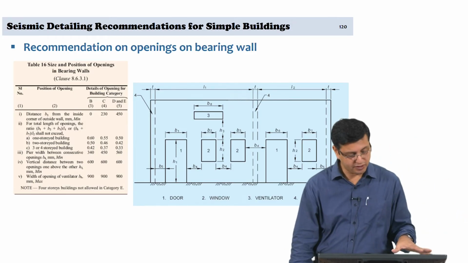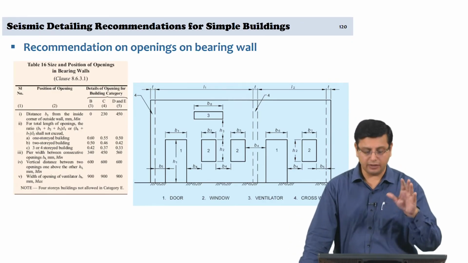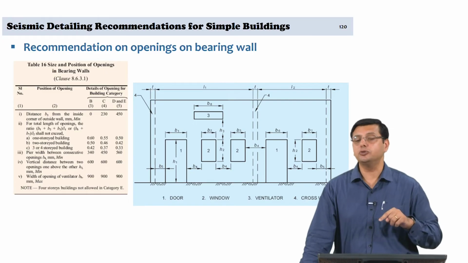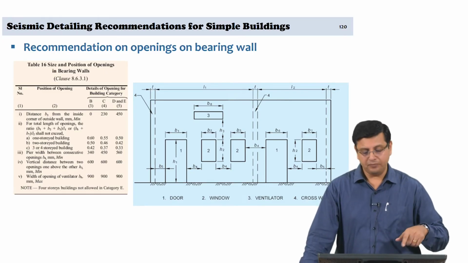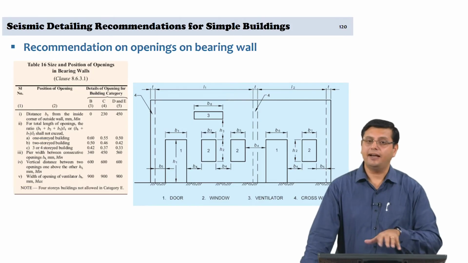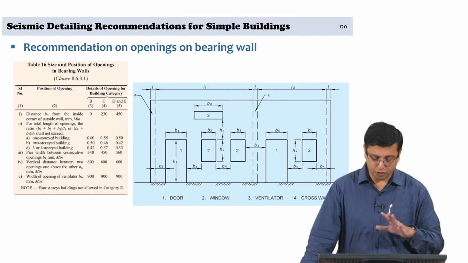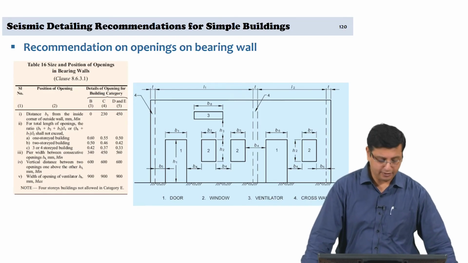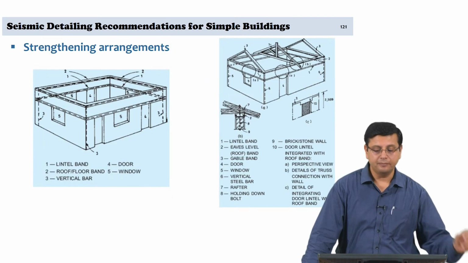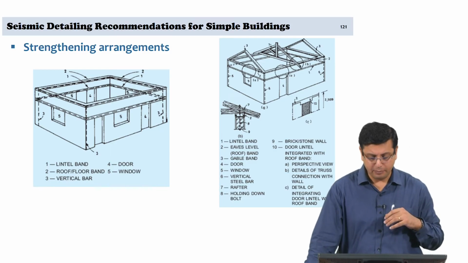So, again if you see table 16 here is actually giving you specific requirements, again tied to the category of building B, C, D and E, on what these dimensions should be or should not exceed. So, this is the other recommendation that one has to adhere to if it is a simple building with earthquake resistance built in.